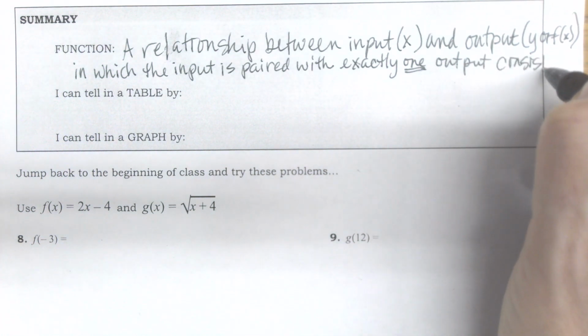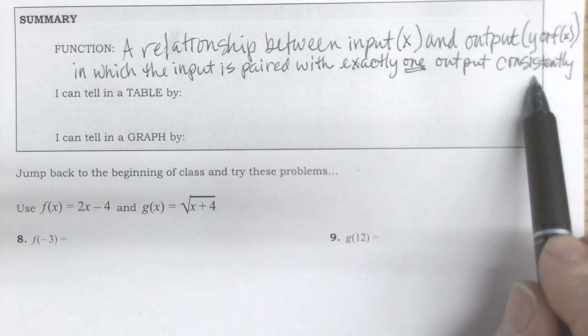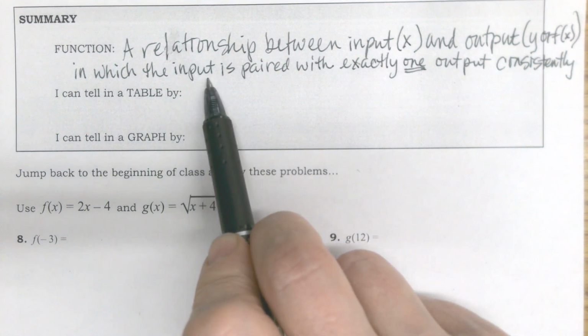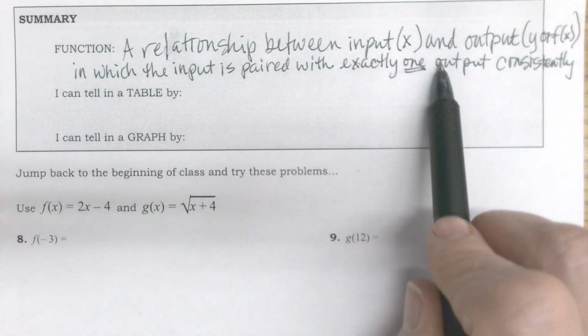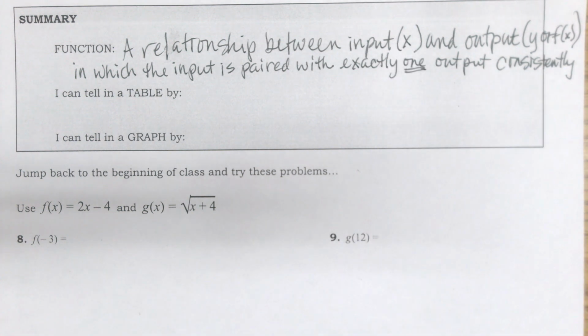Consistently. The consistently is kind of important because just because my input shows up more than once, as long as it's paired with the same output consistently, we're good.